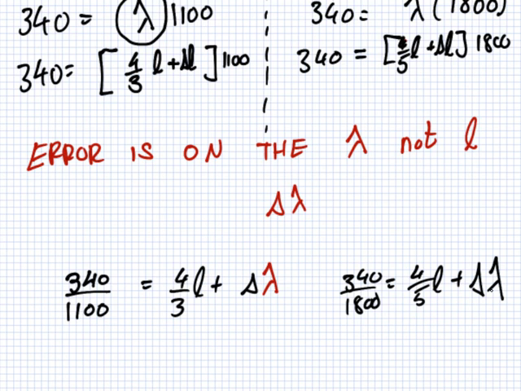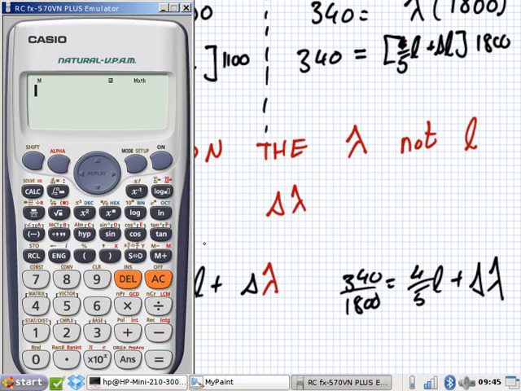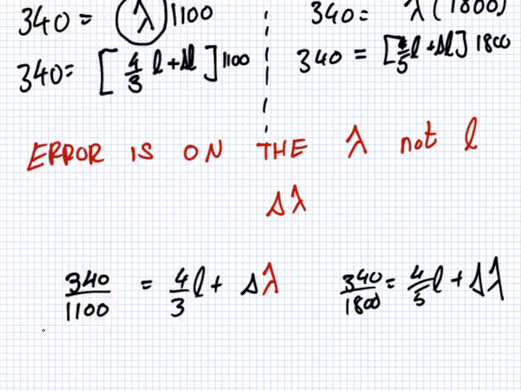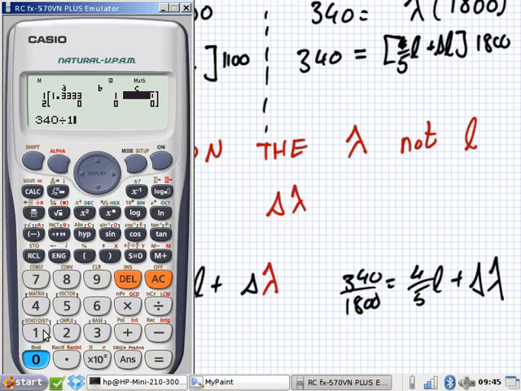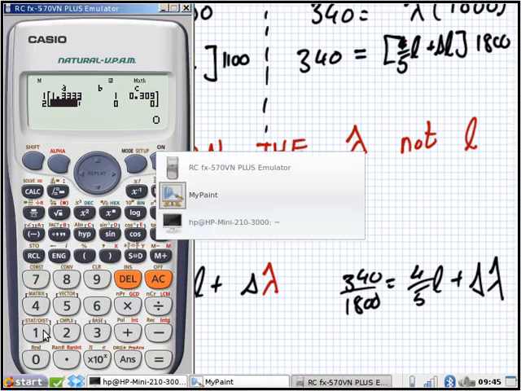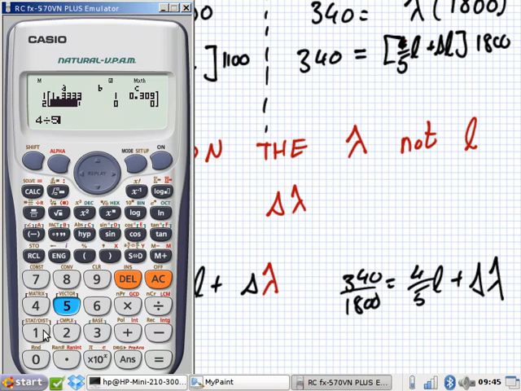Okay, let's solve this. Right, mode 5. Okay, 4 over 3, 1, 340 over 1100. 4 over 5, 1, 340 over 1800. Okay.